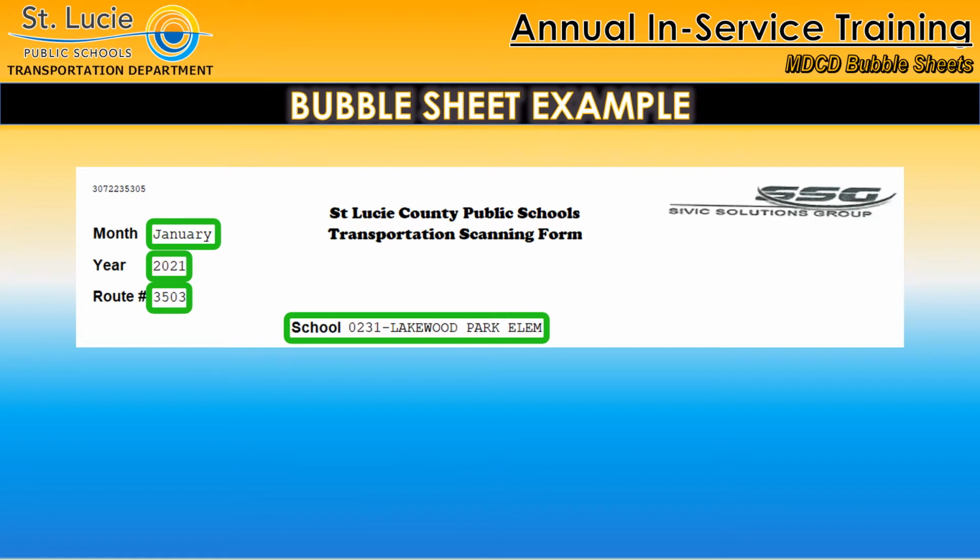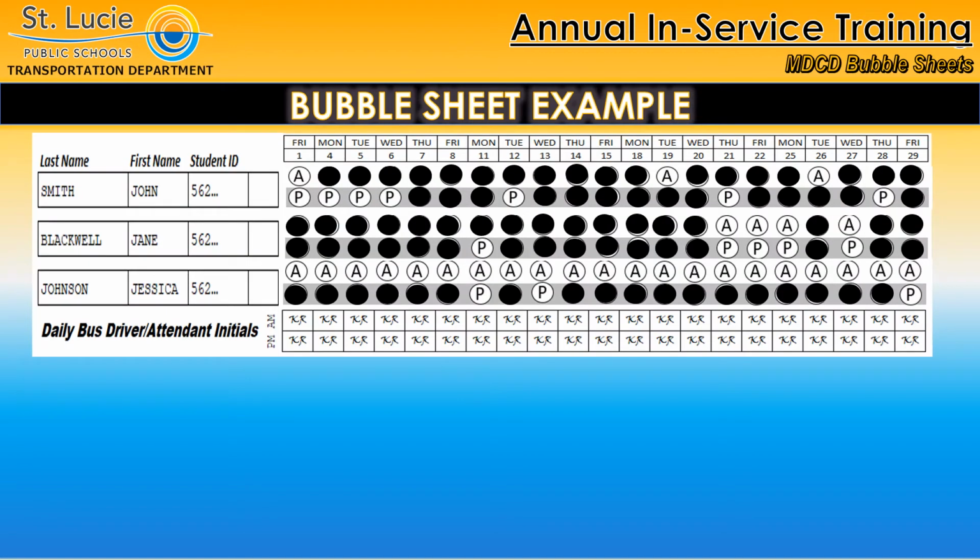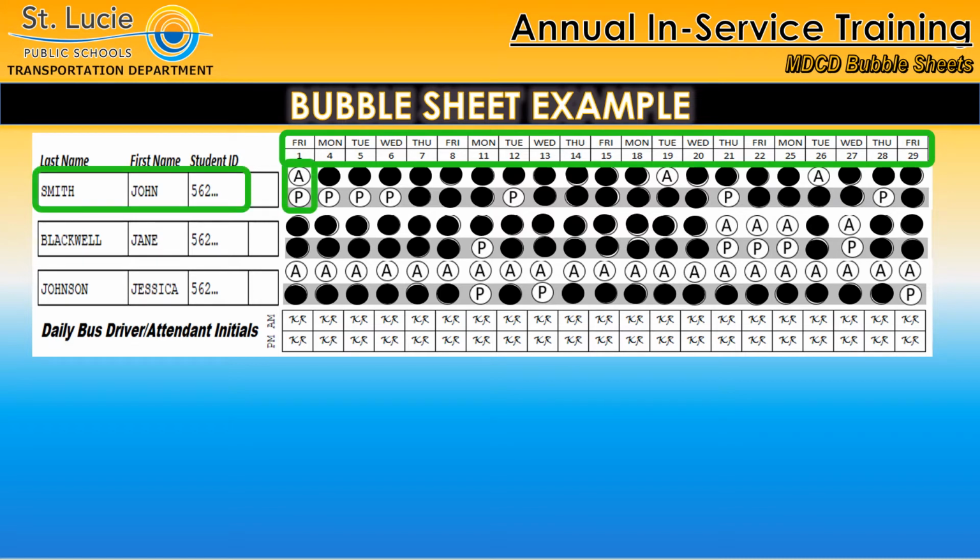If your bus number has changed, your next form will reflect the update. In the middle section of the form, you will see the day and dates of the month to fill in. To the right side of the screen, you will see the student name information, followed by the bubbles with A for AM and P for PM for each day of the month.